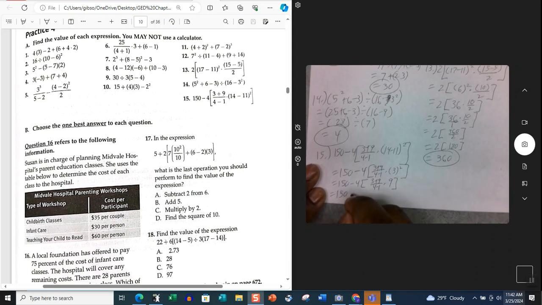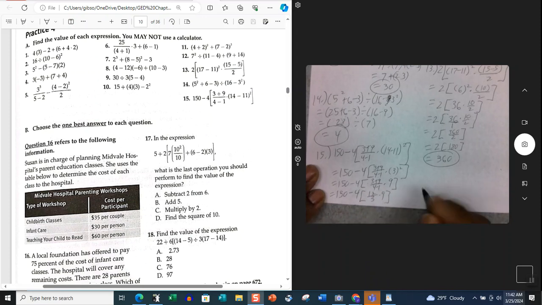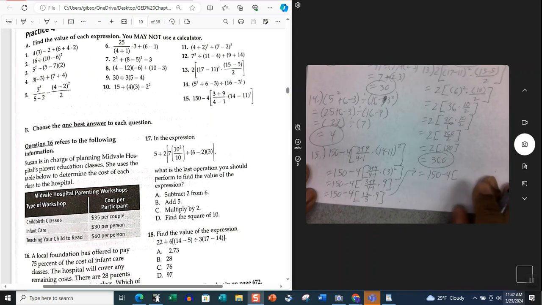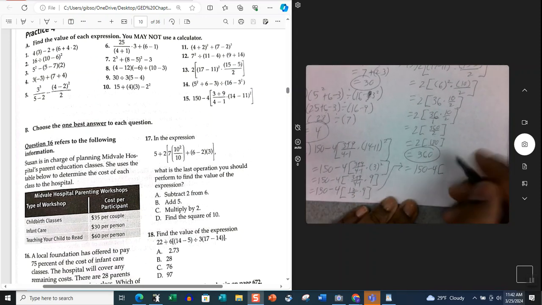So now we have 150 minus 4 bracket. We have division and multiplication. We do the division first. So 3 plus 9 is 12. 4 minus 1 is 3. Now, we have 150 minus 4. We're still dealing inside this bracket. 12 divided by 3 is 4 times 9.